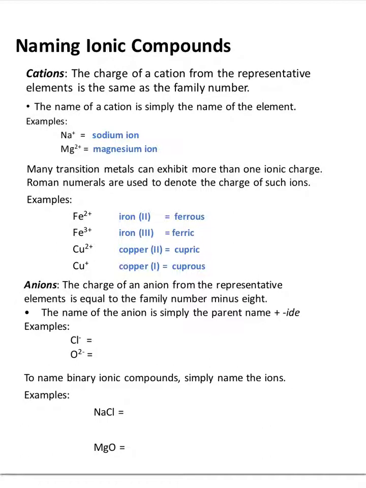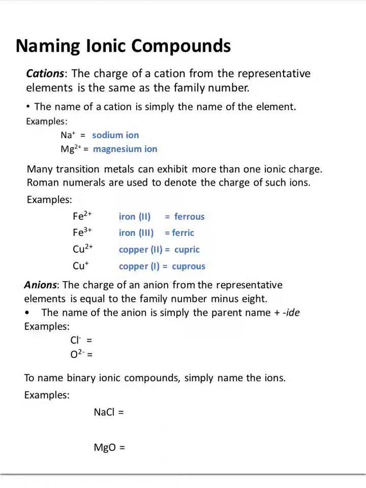So if we were talking about the Fe2+ ion, we would say iron(II) in order to let them know by the name that we're talking about the iron that carries the positive 2 charge. You will also sometimes see the iron(II) ion referred to as the ferrous ion, but more often than not, you'll see it in the Roman numerals.